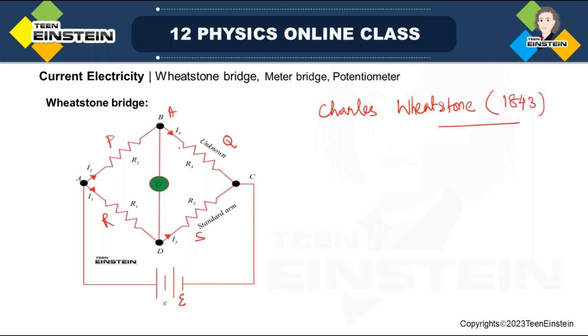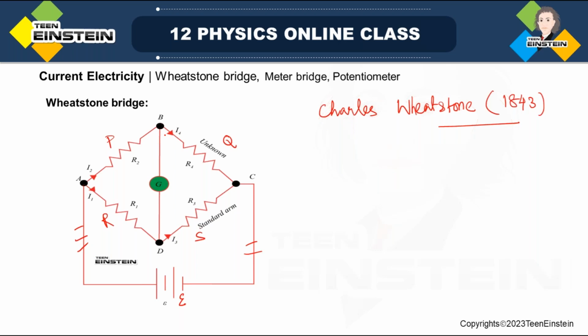I cannot put A here, because there is a specific reason why I should put A here and C here: the battery or the cell has to be connected between A and C junctions.